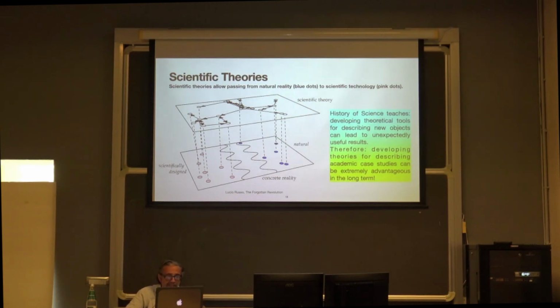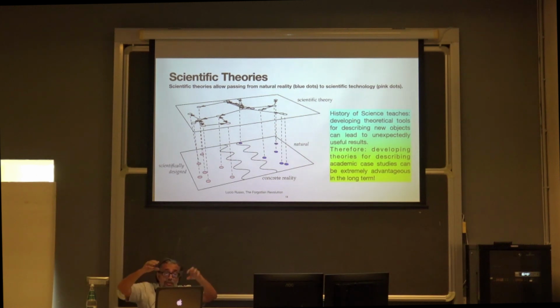Now, let us go quickly. This drawing is taken from The Forgotten Revolution, a book by Lucio Russo, which I strongly advise everybody to read. It is very clear. So you have the world of scientific theory. Then you have the concrete reality. Okay? We are not Platonistic. Scientific theories are invented by us. They do not exist without our brain. So what happens is that you invent a theory at the top.